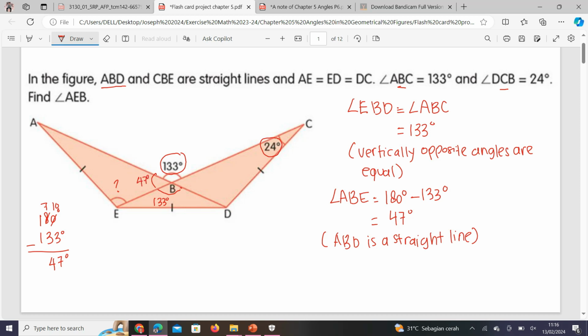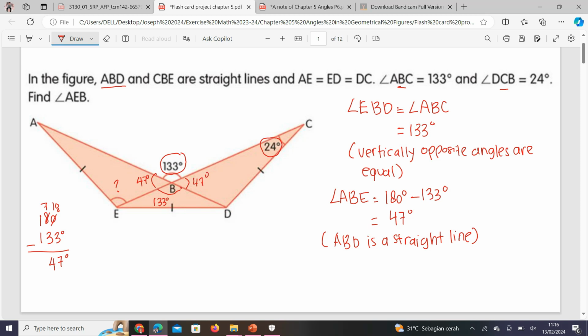Okay, after you get 47 degrees, now you may see from this that these two angles in the triangle AED form what is called an isosceles triangle, right? And because of this, this one also equals 47 degrees.